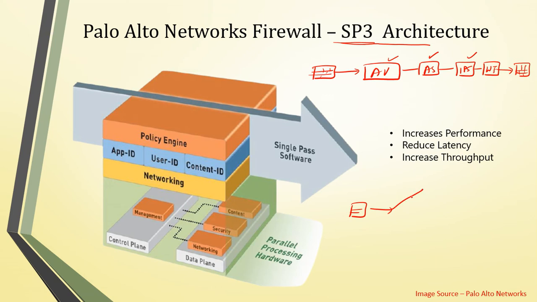The firewall will distribute this packet to all the engines like AV, AS, and IPS, and will combine the packet and send it back to the exit interface. This is the SP3 architecture, single pass. This is single pass parallel processing, and it will do the parallel processing and simply exit the particular packet.